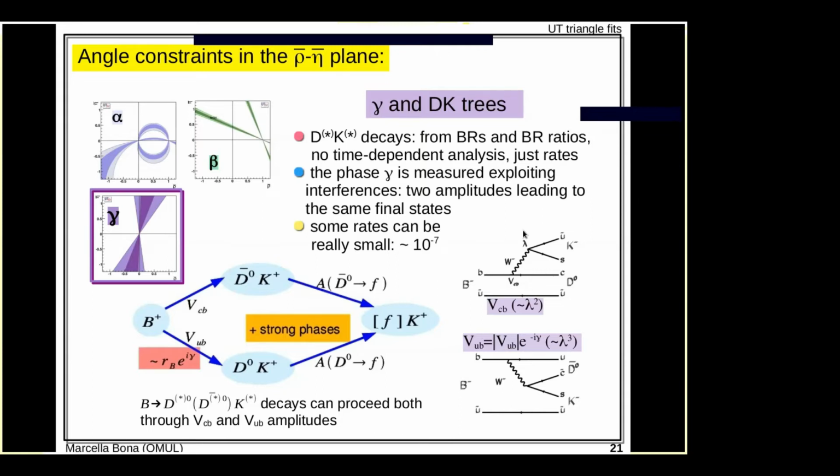The interesting bit, or the problematic bit, is that one of the two depends on VCB, so it has a lambda 2 contribution, while the other depends on VUB, so it's more suppressed, a lambda 3 contribution. So you are at a disadvantage because this takes down the possibility of interference.